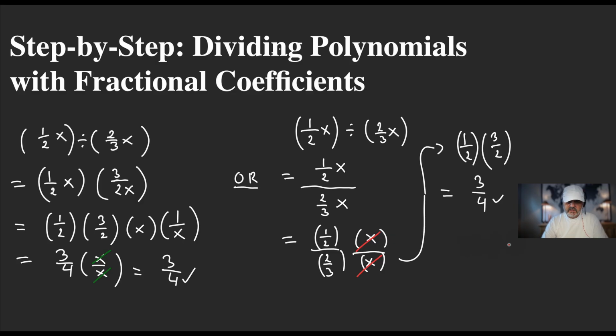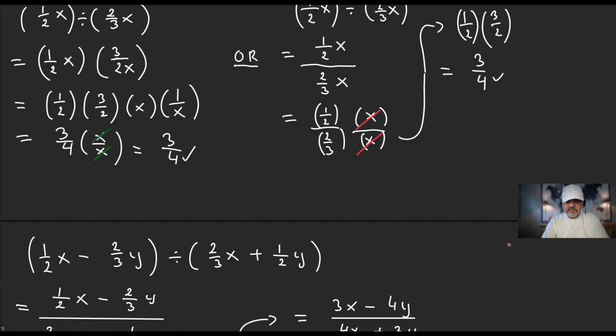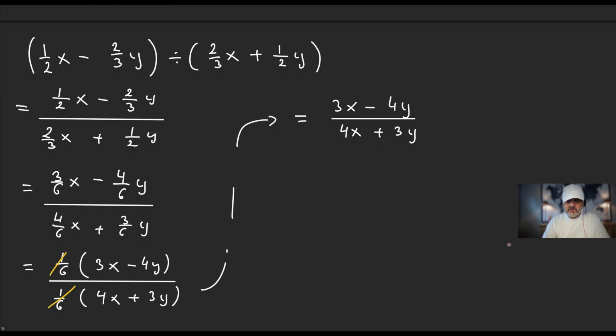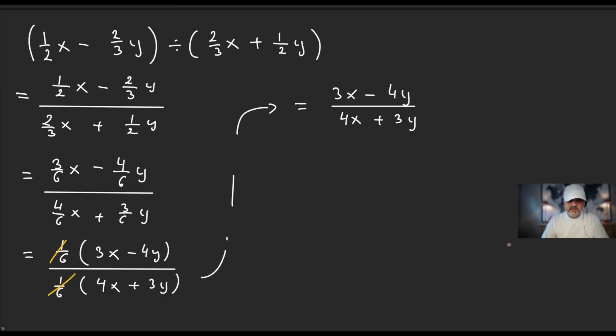So let's look at another question where we have binomials to be divided. In this beautiful example, you see 1 over 2x minus 2 over 3y, two variables now, linear variables, so to the power of 1, to the power of 1. When we divide, we want to simplify.